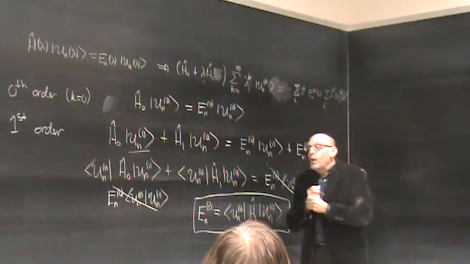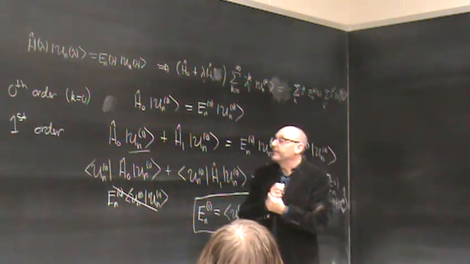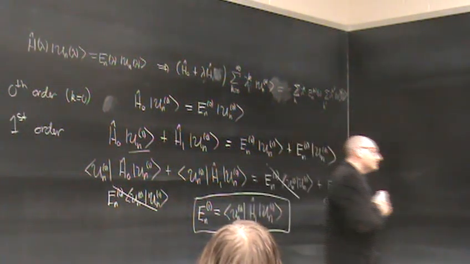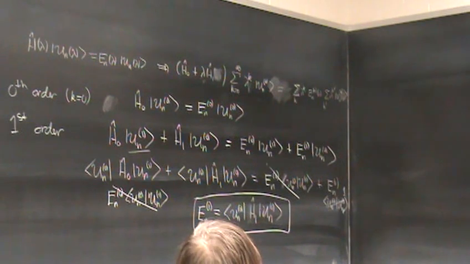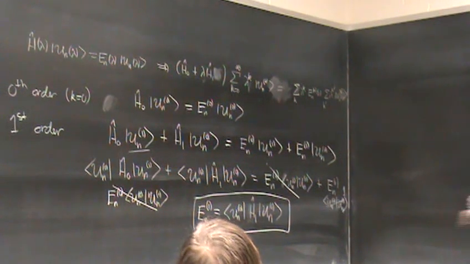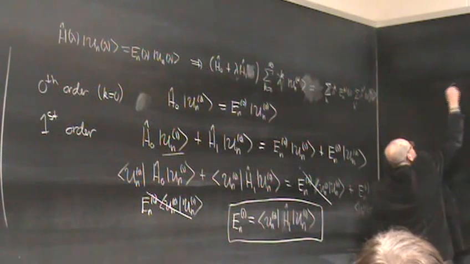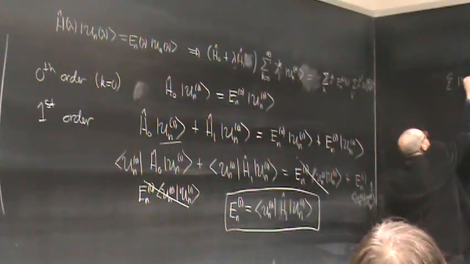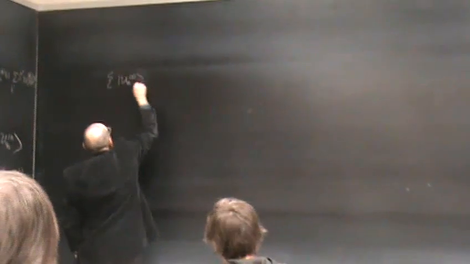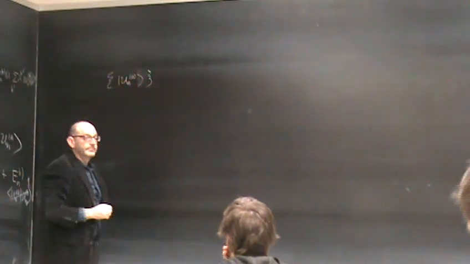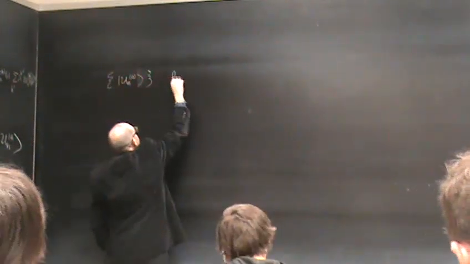Well, the way we go about it is to use the fact that the original eigenstates of the 0th order Hamiltonian form a basis. So my set of 0th order eigenkets form a basis.